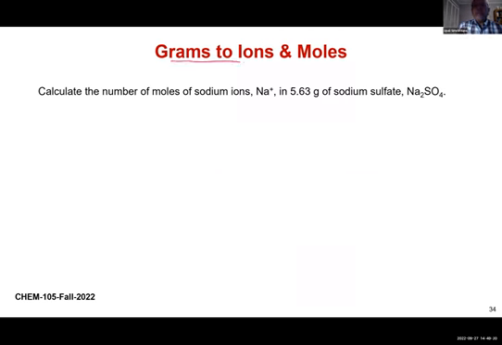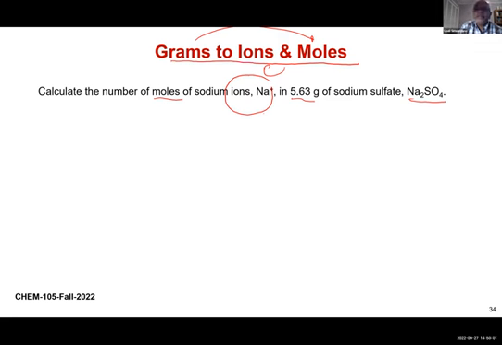Let's see how you get moles and ions. Grams to, this should have been grams to moles, then the ions. Let's see an example. Sodium sulfate, an ionic compound. They're asking, if you are given 5.63 grams of sodium sulfate, how many moles of ions?